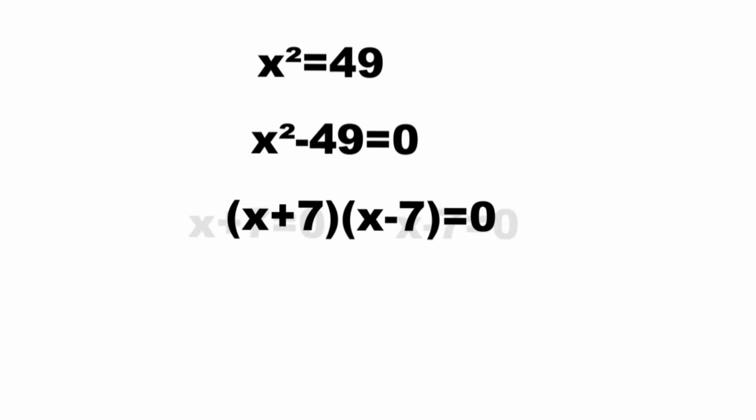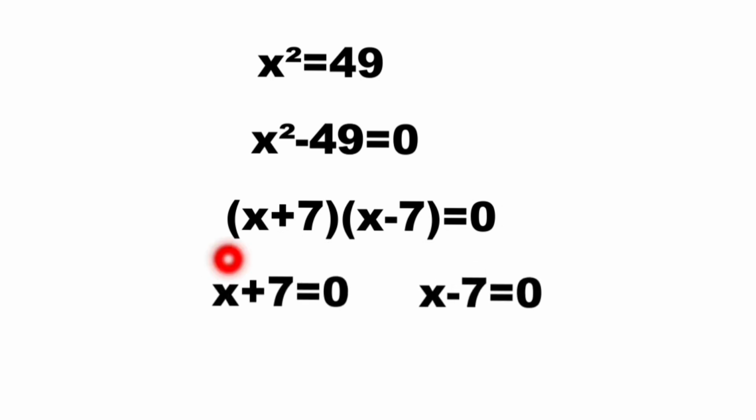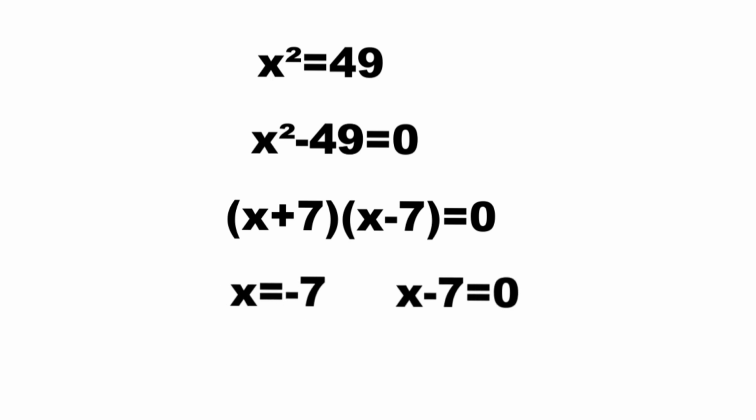Then by the zero factor property, we can have x plus 7 equals 0 and x minus 7 equals 0. Since this is a plus, transposing it to the right side of the equation becomes negative, so x is equal to negative 7.